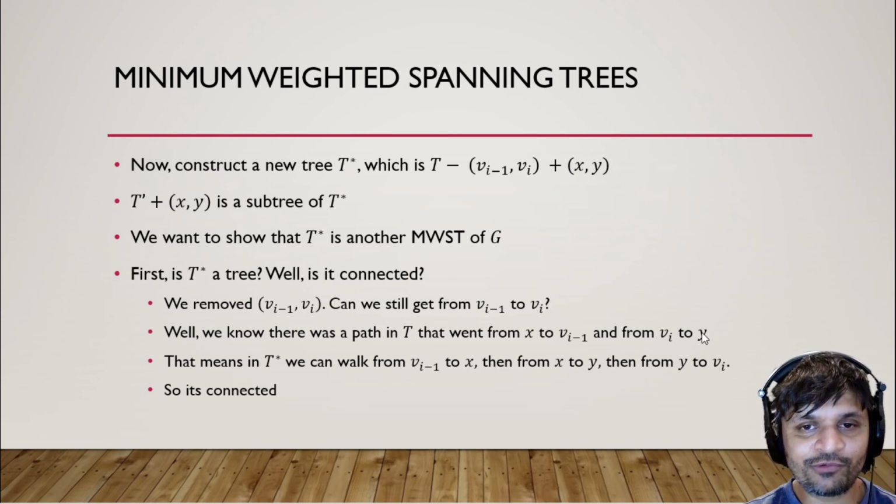And we could walk from y to vi. So we can go v(i-1) to x, x to y, and y to vi, which would be a path from v(i-1) to vi. So that means T star is connected, because the only thing we removed was the edge v(i-1) vi, and we can still get from v(i-1) to vi. So if T was connected, then T star is also connected. Okay, everyone happy with that?